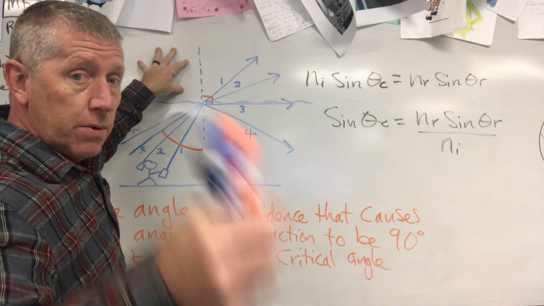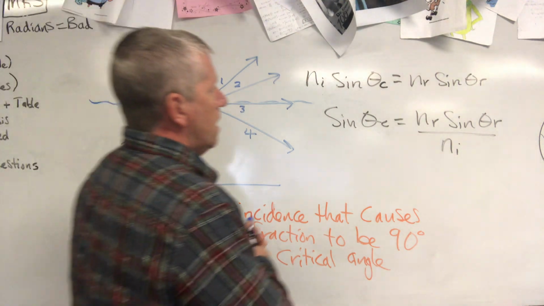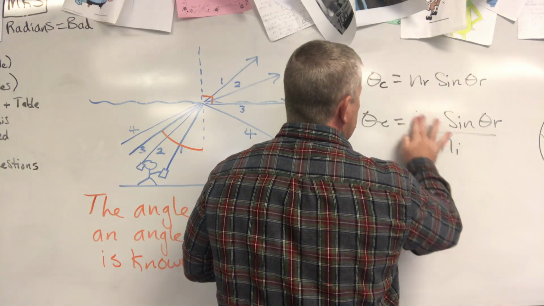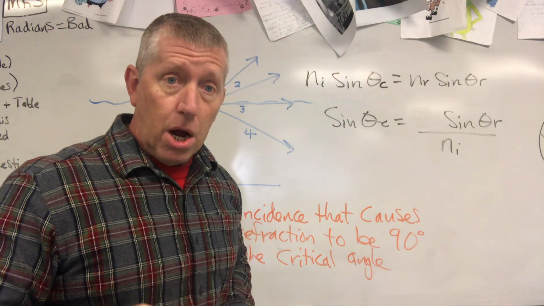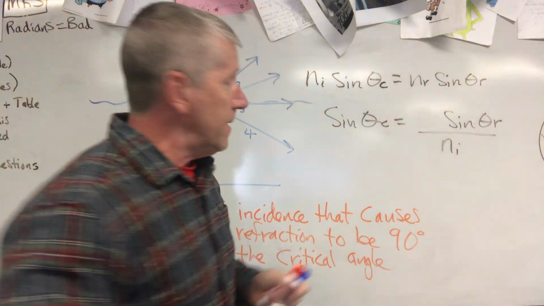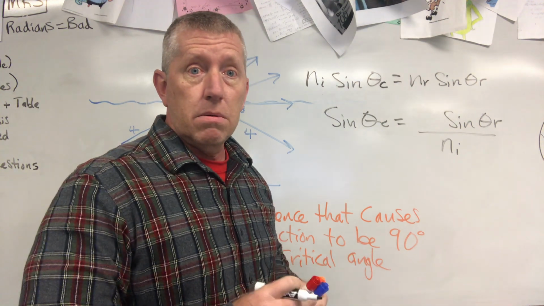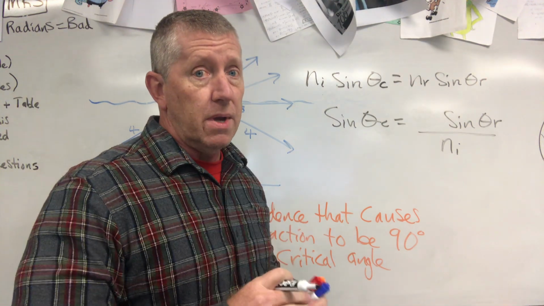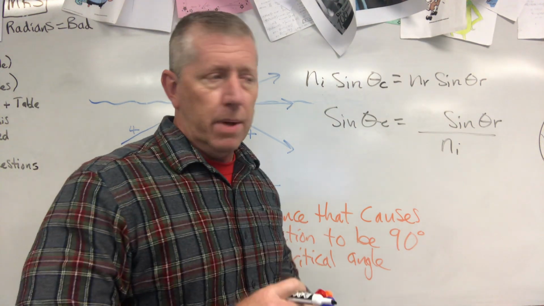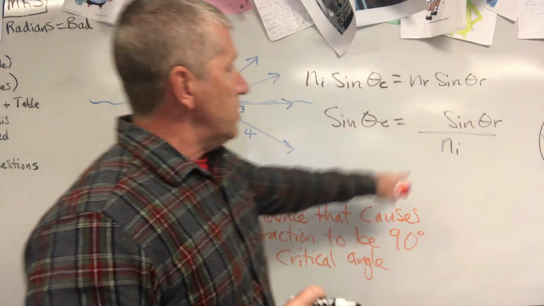The index of refraction of air, we all know, is 1. So that means Nr, the index of refraction of the refracting material, is a 1. So that goes away. Usually it does, and for us, basically, it will.